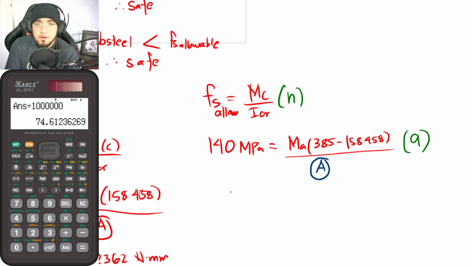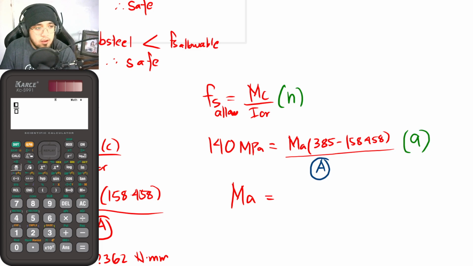So from that, solving for the value of MA, looking at the calculator once again, 140 is equal to alpha x, so I will now name MA as alpha x, times 385 minus 158.458 divided by alpha A, times 9 I should say.